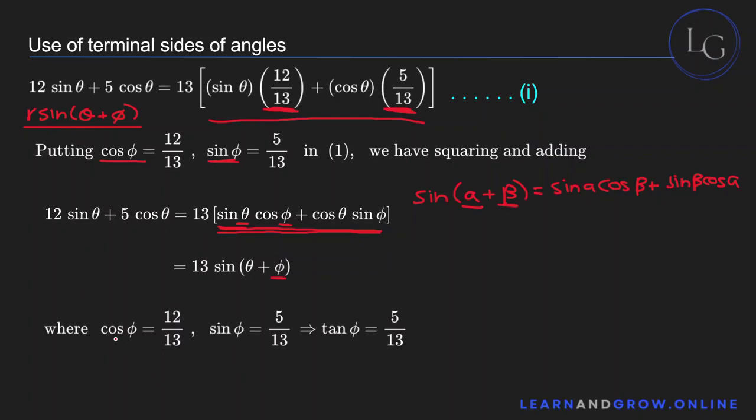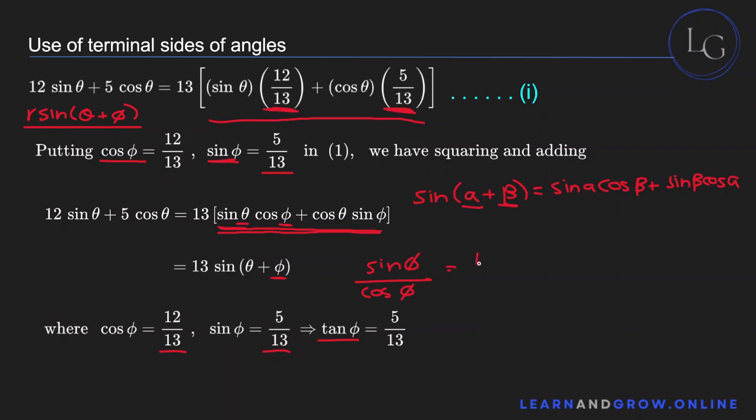Well, you know that cos phi is equal to 12 by 13. You know that sine phi is equal to 5 by 13. What's tan phi? It's just sine phi divided by cos phi. And that just ends up being, well, let's just do it by hand. Sine phi over cos phi.